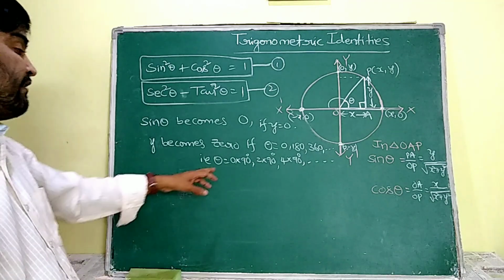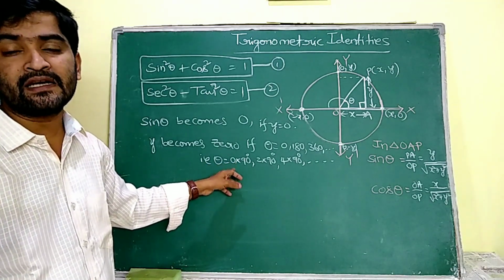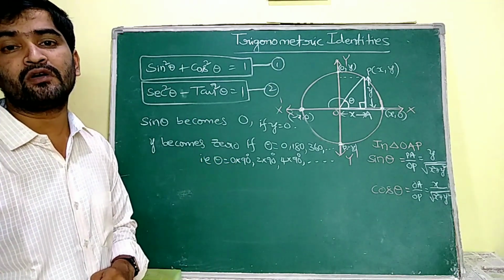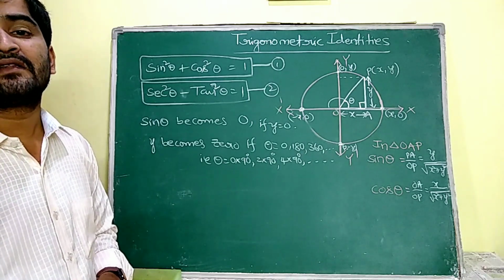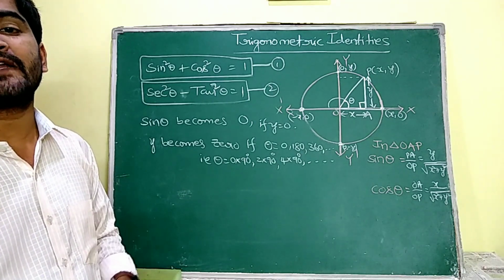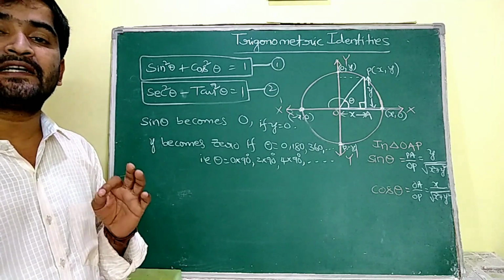That means for every even multiple of 90, sin theta becomes 0. So we are not going to take the even multiples of 90 for verifying identity 3.